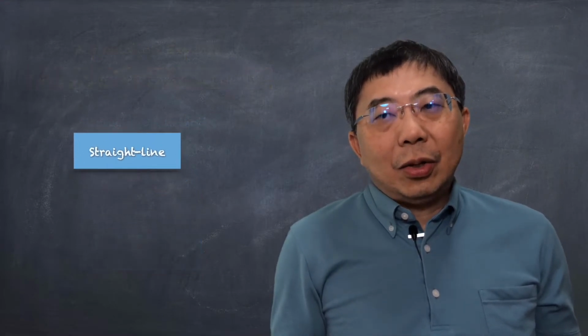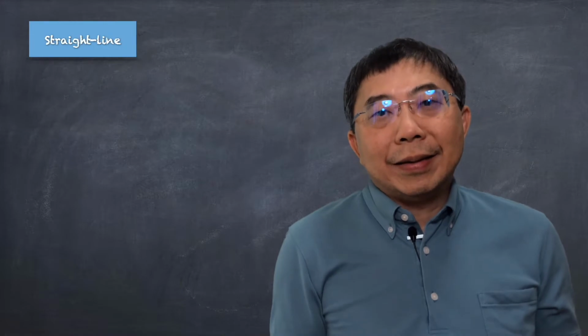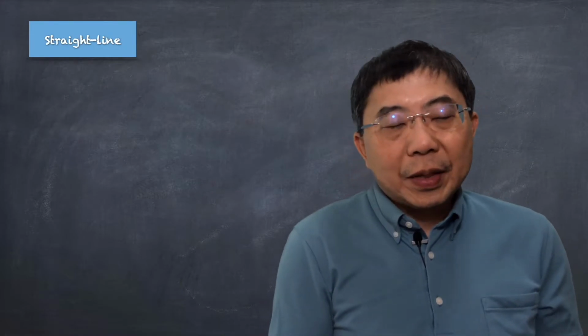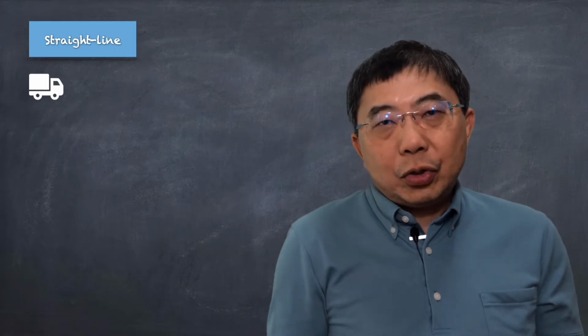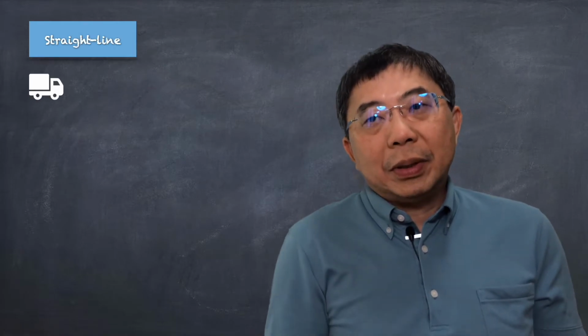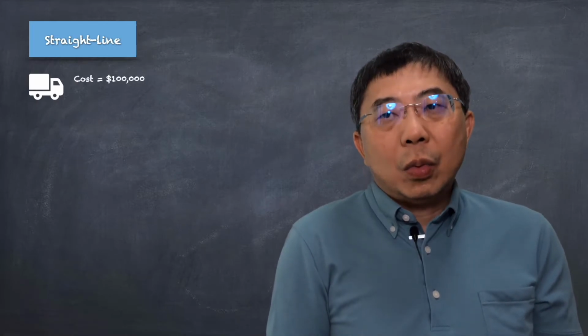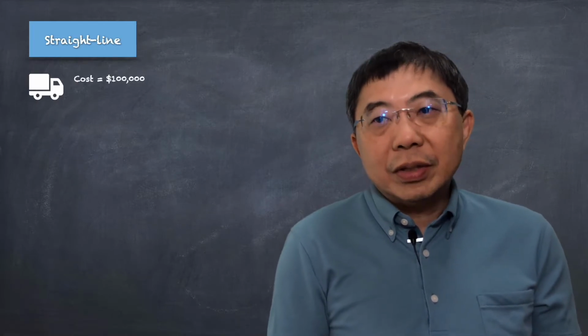First, let's look at the straight line method, which is the simplest approach. We will refer to our truck example earlier, where the cost of buying the truck was $100,000.